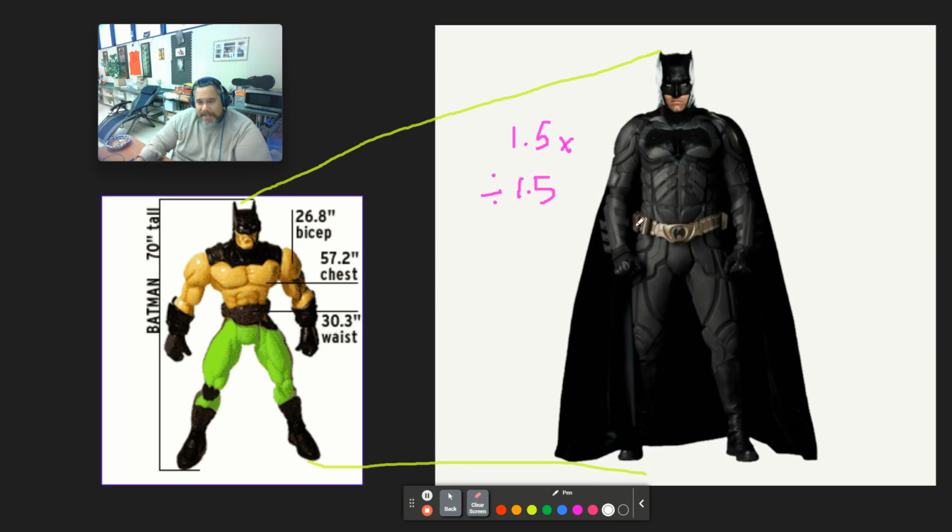So that means if this is Ben Affleck's waist, and I imagine his waist is probably a 36-inch waist, maybe 34, because that's pretty average, then it must be shrunk by 1.5 to get this waist. All right, so shrunk by 1.5 means that that smaller Batman's waist should be about 24 inches.